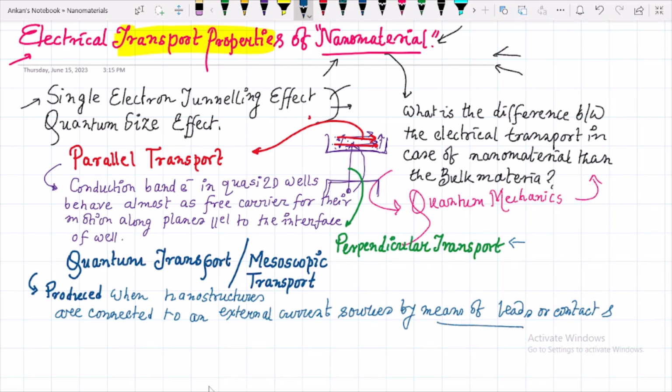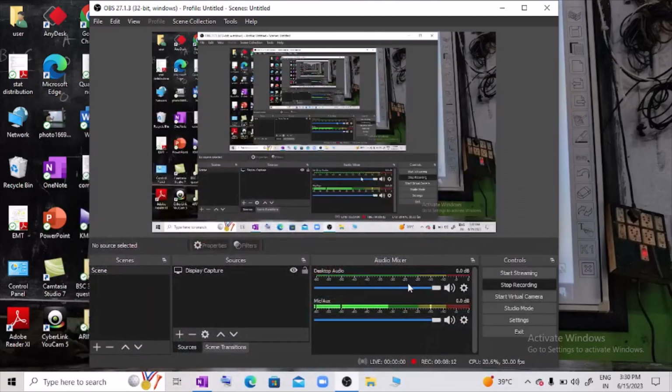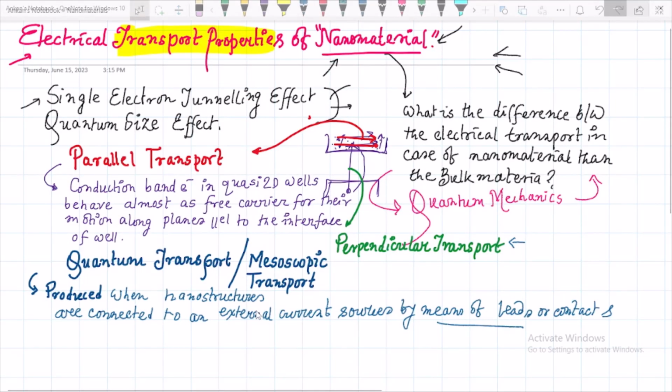One of the interesting phenomena that appears in quantum transport or mesoscopic transport is its conductance.